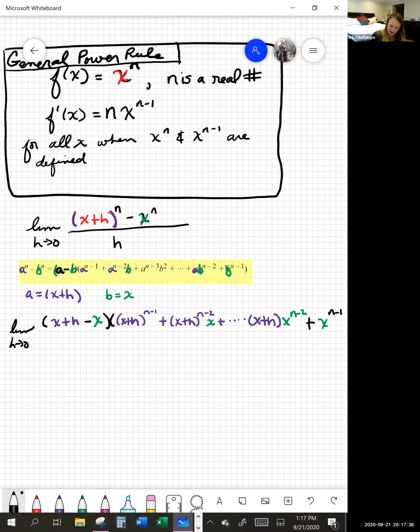Remember, this whole thing again is all over h. This kind of looks like a series crammed in a limit. Yeah, it is actually a series or sequence.